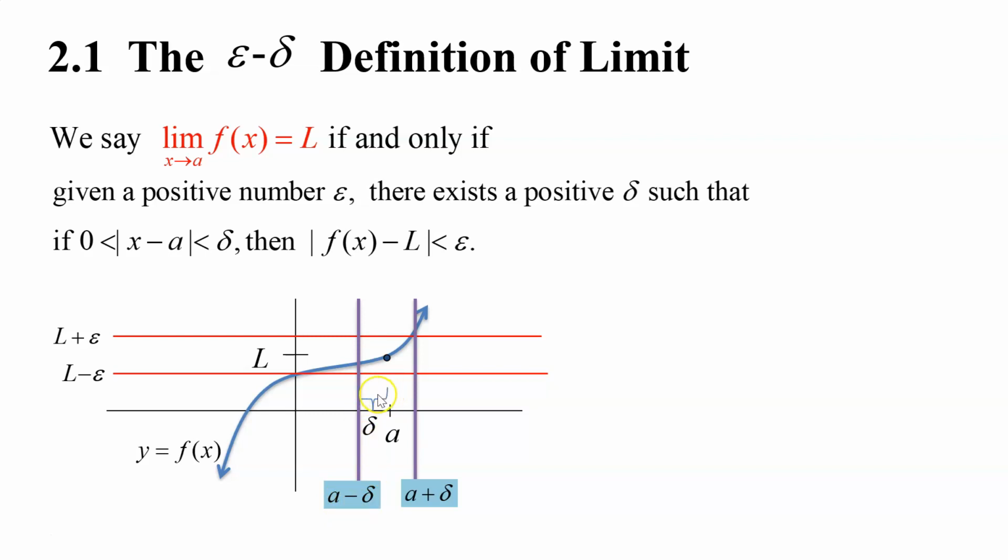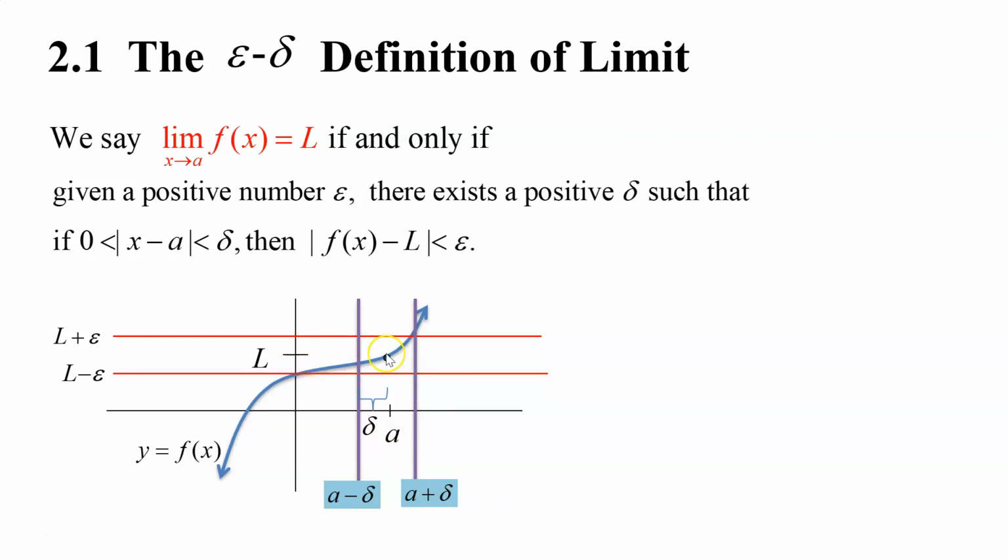That is when you shift to the left. And when you shift a few units of delta to the right, it's going to be a plus delta.